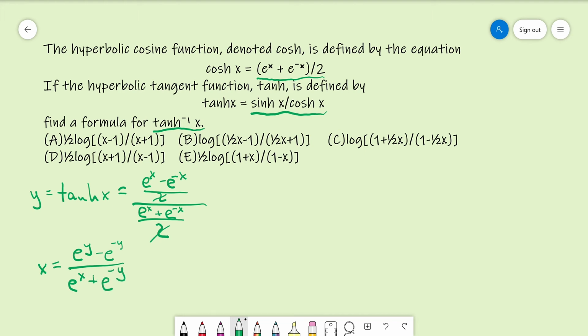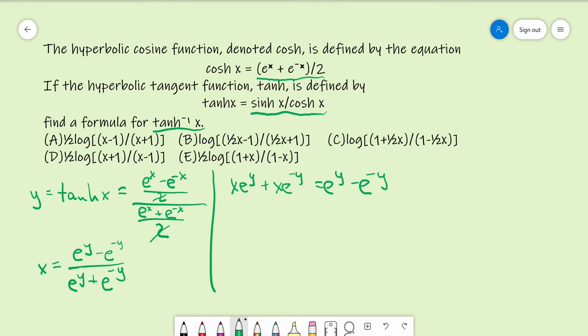If we multiply both sides by the denominator, we'll have, this is supposed to be a y here, x e to the y plus x e to the negative y equals e to the y minus e to the negative y.